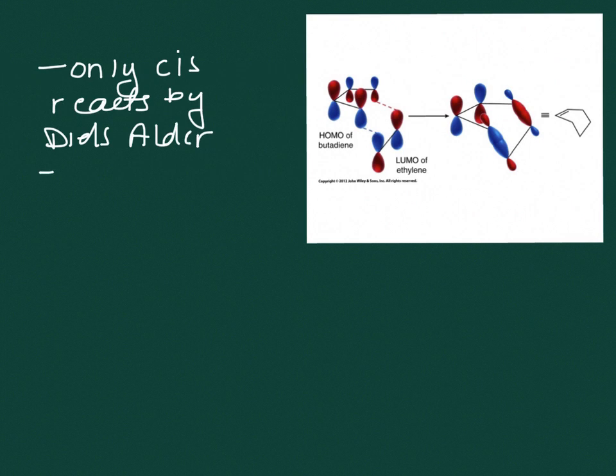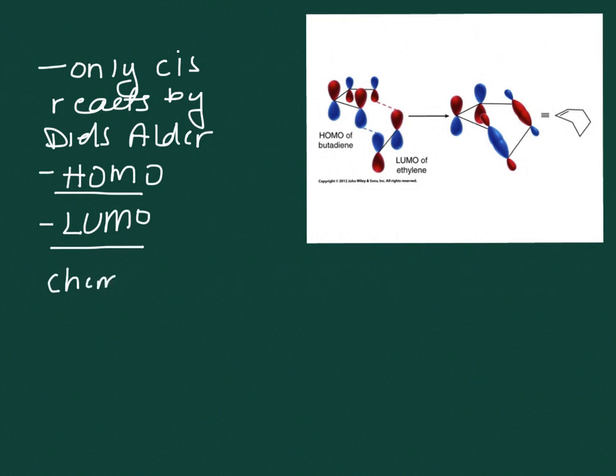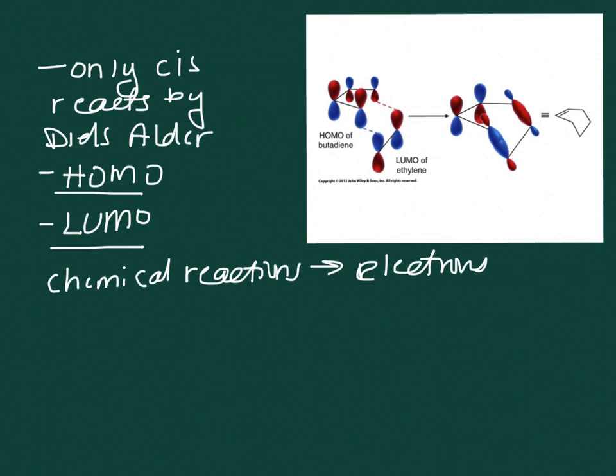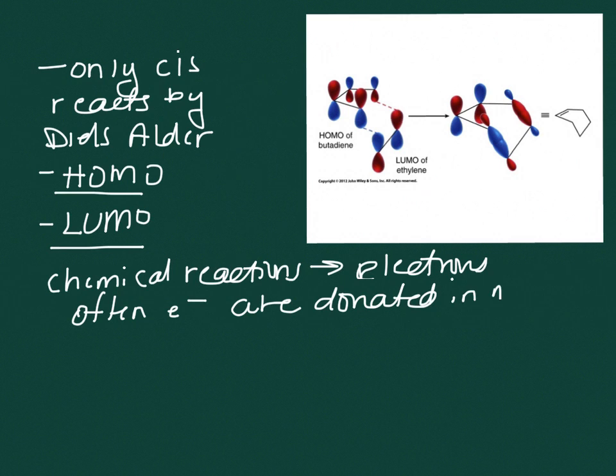Now, if you remember in class, we talked about the highest occupied molecular orbital, or the HOMO. And we also looked at the lowest unoccupied molecular orbital, which is called the LUMO. When we have a chemical reaction, we are looking at electrons, and often electrons are donated in making new bonds.